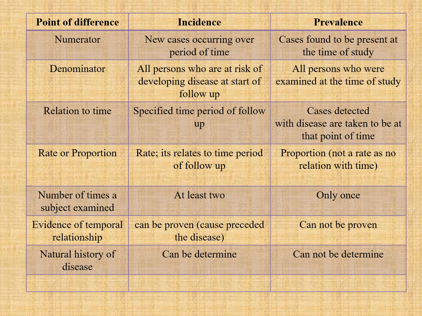On the denominator for incidence we focus on the subjects who are at risk of developing a disease, and for prevalence we can take all persons, irrespective of whether risk is present or absent. Next is relation to time. For incidence, the specified time period of follow-up should be given. There is no such requirement for prevalence.